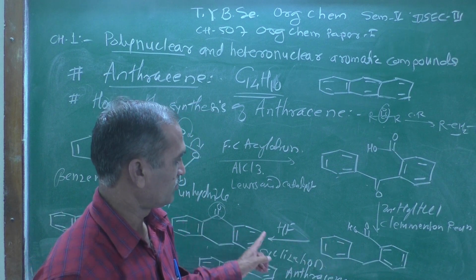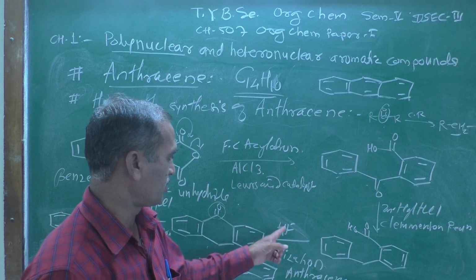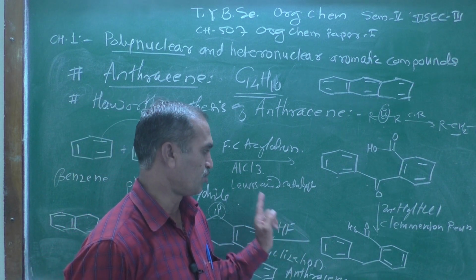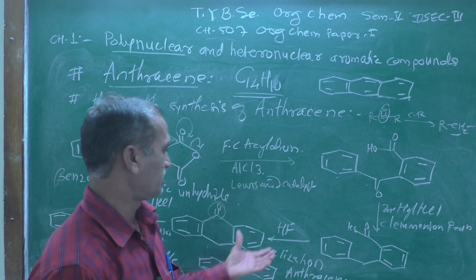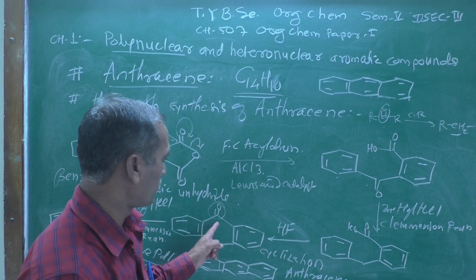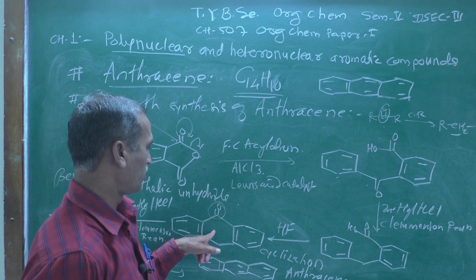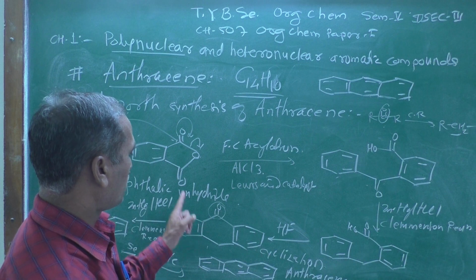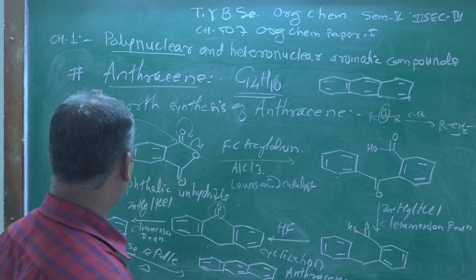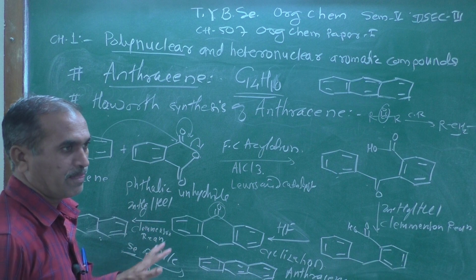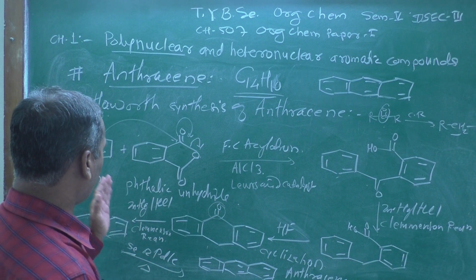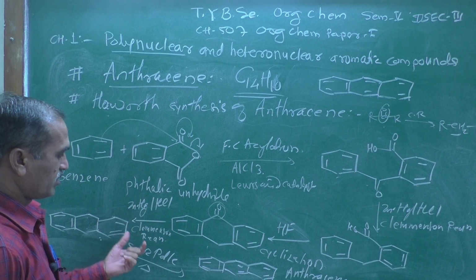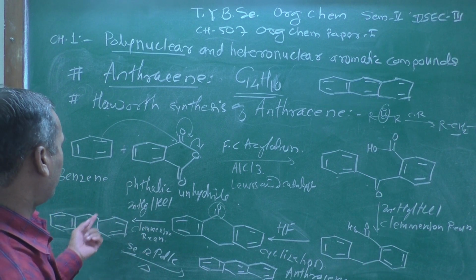And now there is a cyclization. HF is a cyclizing agent which can be used here. Just by heating it you will get this type of compound. There is a carbonyl group over here. We require to remove it, or convert that carbonyl into a hydrocarbon, and we will get this compound. Again the same reagent is used here, zinc amalgam in presence of hydrochloric acid, that is a Clemmensen reduction.